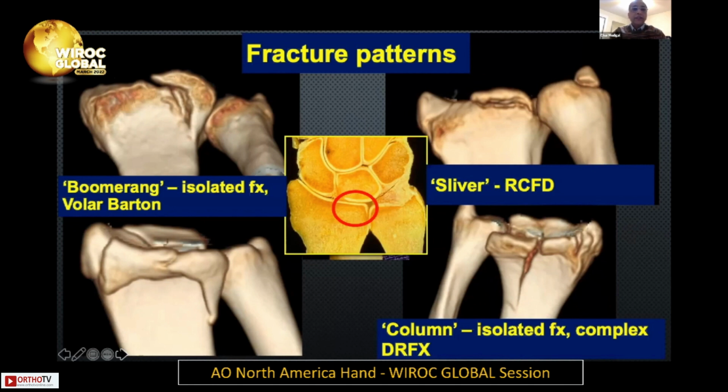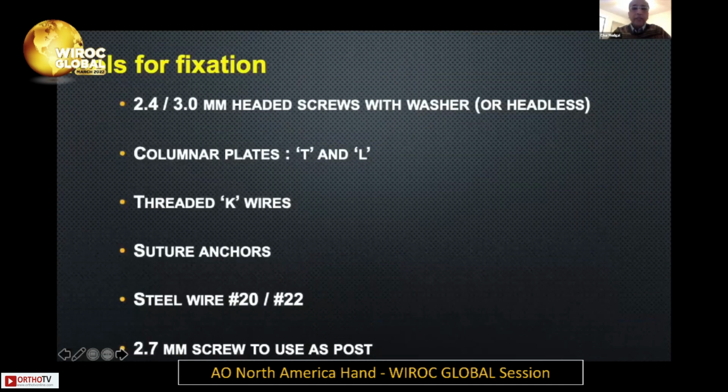The first pattern is what I call the boomerang pattern, which is seen on the left side, and it is usually seen in isolated fractures or in volar Barton fractures, as shown here. The second pattern is what I call the sliver, which is commonly seen in radiocarpal fracture dislocations. And finally, the third pattern is the column, which is seen in isolated fractures as well as in complex distal radius fractures.